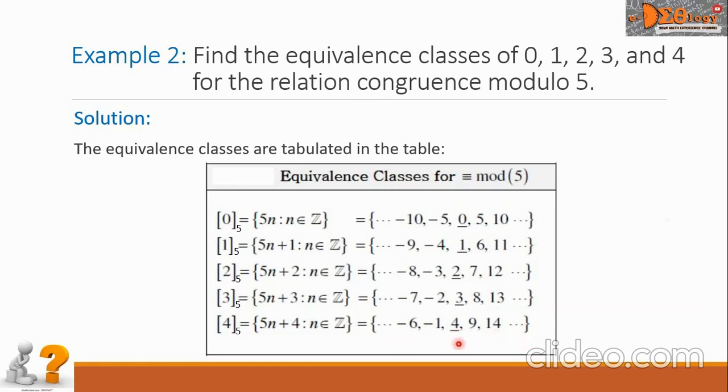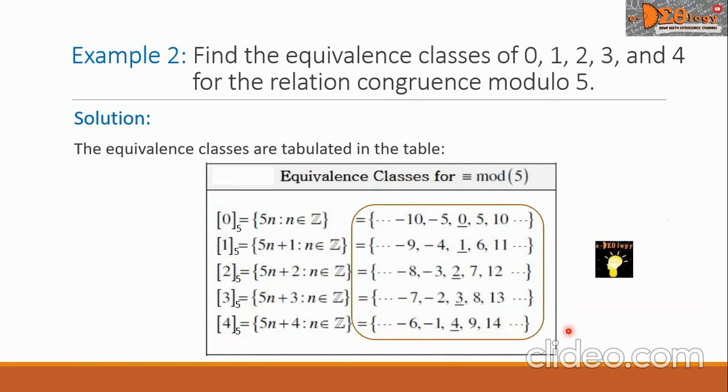On the left side of 4, we have 4 minus 5, which is negative 1. Negative 1 minus 5 is negative 6, and so on. So we have here now the elements of the equivalence classes for 0, 1, 2, 3, and 4 respectively. These are the final answers.